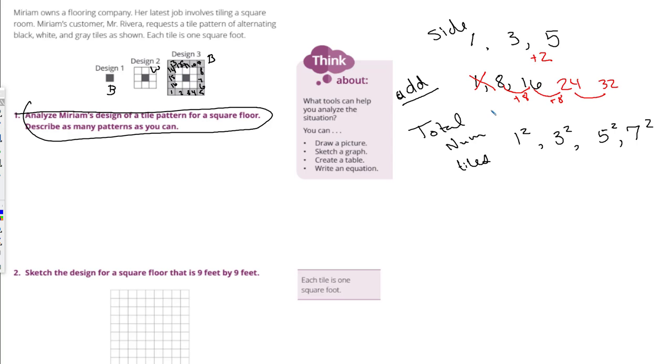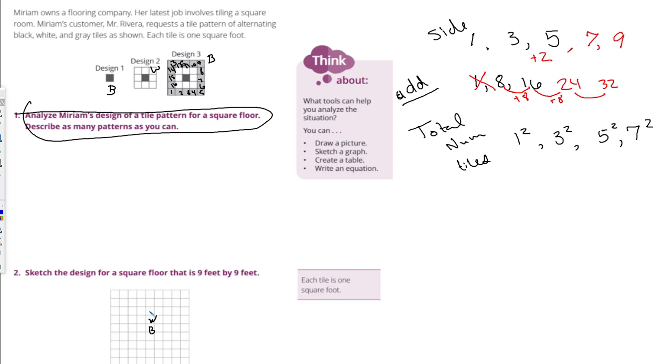And so if we're looking at it for it to be a 9 by 9, so we've gone up to a 5. The next one's going to be 7. Next one's going to be 9. So we're looking at 2 past what we have here. We're looking at design 5. Let's go ahead and sketch what the design is going to be. So if we go to the center, it's black.